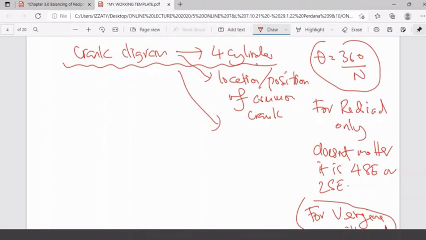The other one will be the direction of rotation of the crank, and the first cylinder number. So one is the location of the common crank, the other is the direction of rotation of the crank.